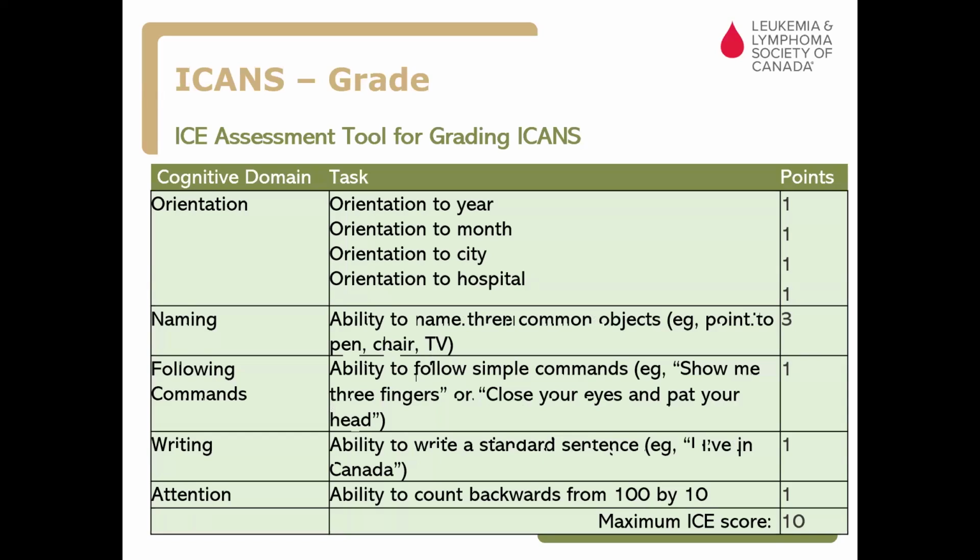These 5 factors include orientation, naming, following commands, writing, and attention. Patients are scored on each factor with a total score of 10, with 10 being the best, or no symptoms of ICANS, and 0 being the worst, or severe ICANS.